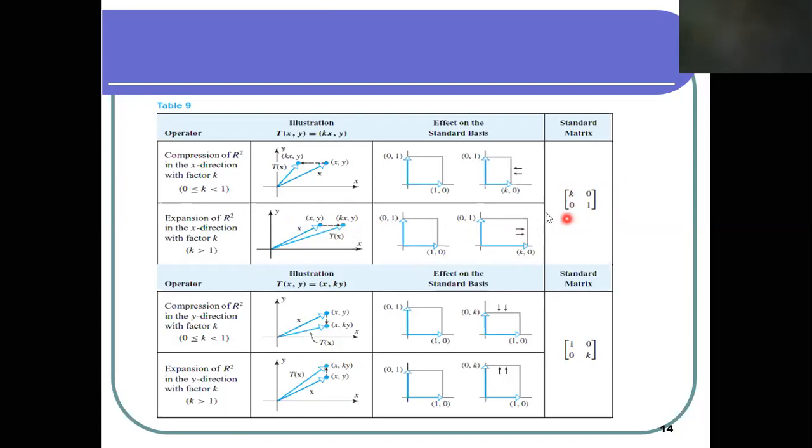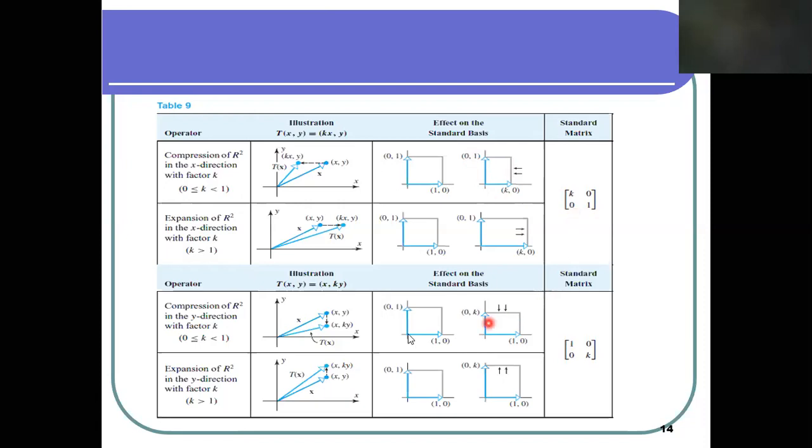In that case, dear student, your standard matrix will be k 0 0 1. That is k 0 along the x-axis. This will be put in the first row, and the elements along the y-axis will be put in the second row.